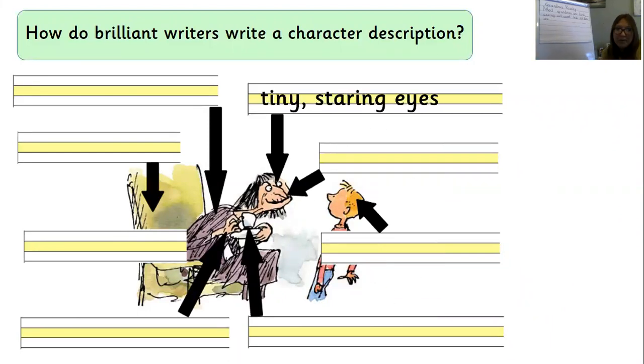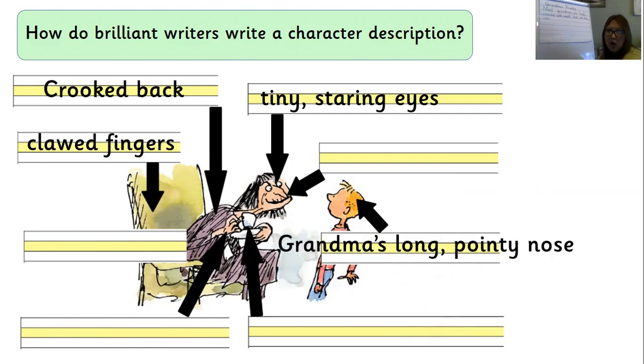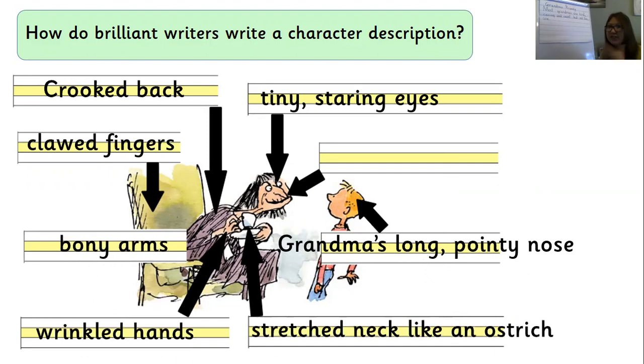So, for example, you could use tiny staring eyes. In the book, it said wicked, which was a super adjective, wasn't it? Maybe she's got a crooked back, clawed fingers, a long pointy nose, bony arms, wrinkled hands, a stretched neck like an ostrich.